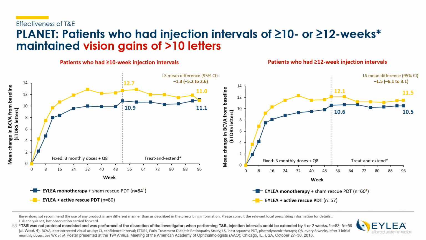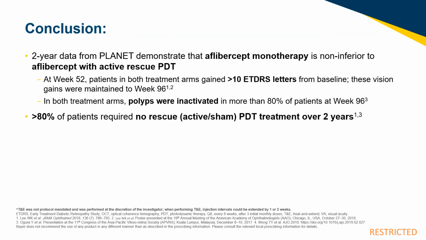And if we look at the visual improvement outcome, on the right-hand side, you can see the chart showing that patients who had at least 12-week injection intervals can still maintain at least 10-letter improvement on average from year 1 through 2 years. So in conclusion, the 2-year data from PLANET demonstrate that aflibercept monotherapy is non-inferior to aflibercept with active rescue PDT.